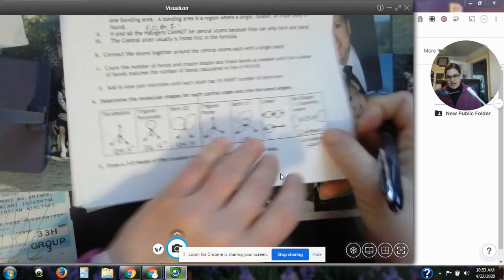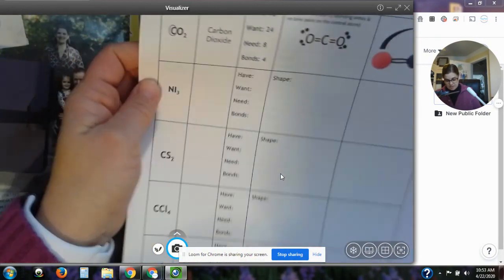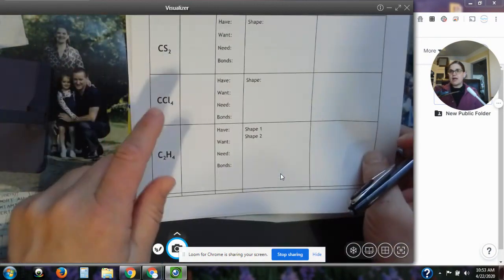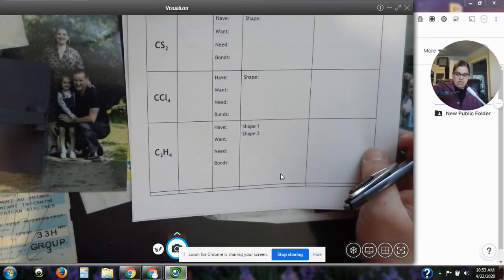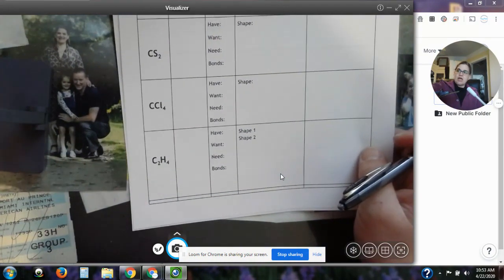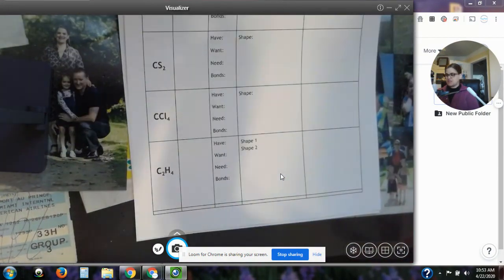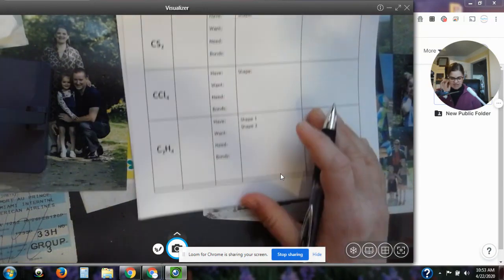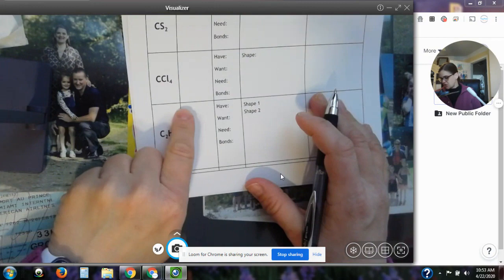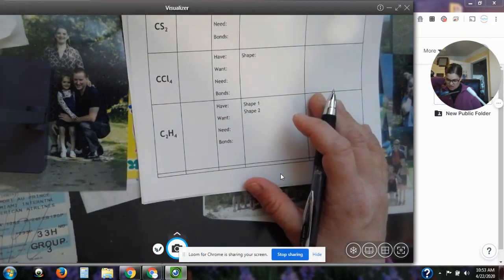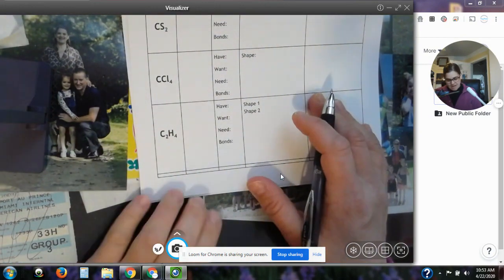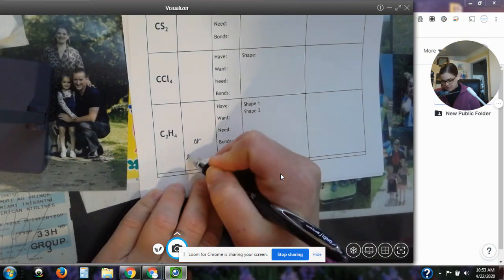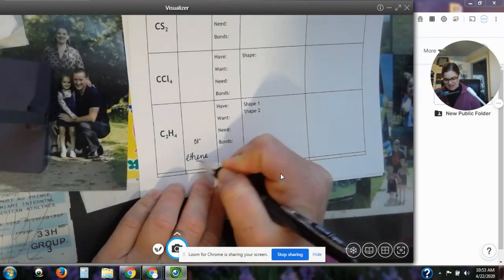All right. Next, I wanted to note to you on this page here that when you get to C2H4, this is one of our organics. You'll give it its traditional name, dicarbon, etc. But I want you to know that the name it goes by typically is ethene.